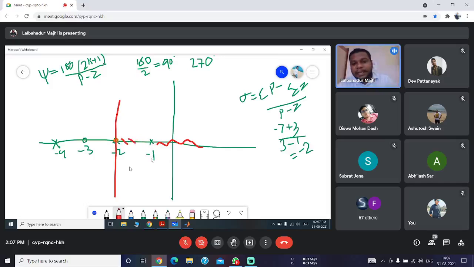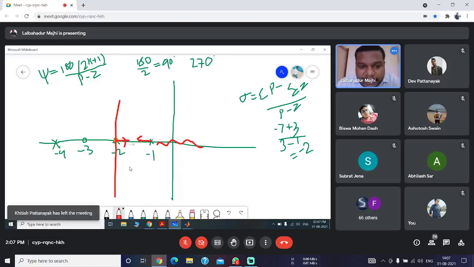It means one branch will originate from this -2 and another branch will originate from -1. This will move in this direction because our root locus exists in this region. It will not go towards this direction because in this direction there is no root locus branch.